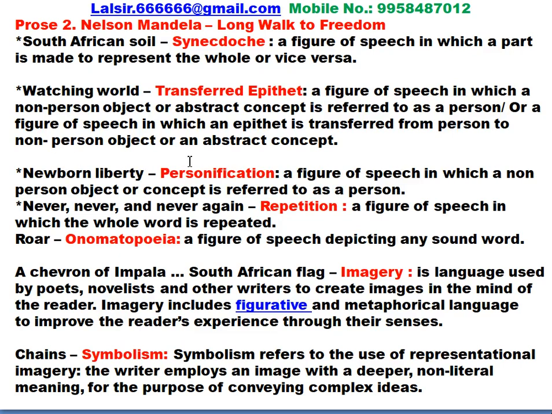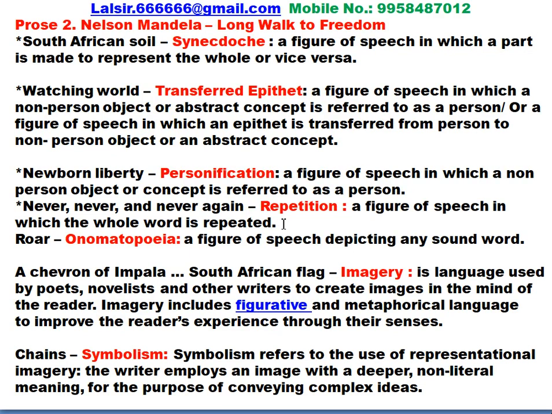Now, there is another one, pure personification here: newborn liberty. Newborn baby, newborn person, etc. Here, newborn liberty is not a person, and therefore it is personification, a figure of speech in which a non-person object or concept is referred to as a person. Now, the next literary device we find here is repetition.